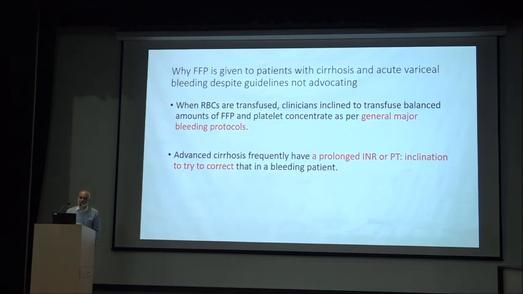Why? Because when packed RBC is transfused, clinicians are inclined to transfuse balanced amounts of FFP and platelets as per the general major bleeding protocols, which say that after 3 or 4 units of RBC, you should transfuse 1 FFP and 1 platelet. And the second reason is that advanced cirrhosis frequently has a prolongation in PT-INR, and there is an inclination to correct that in a patient who has bled.